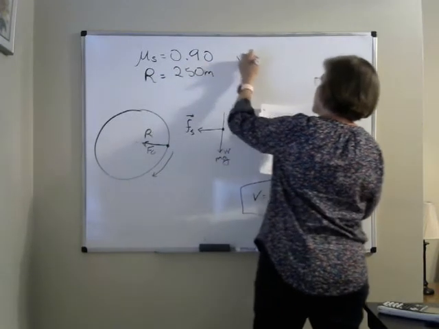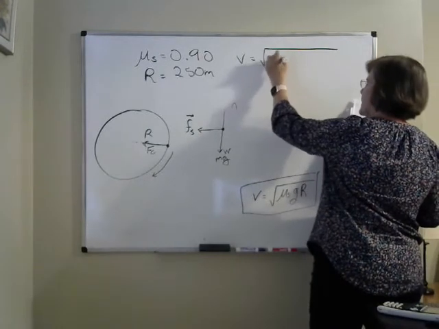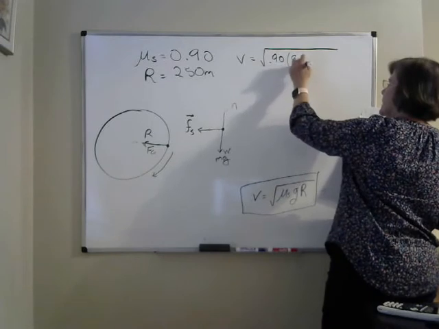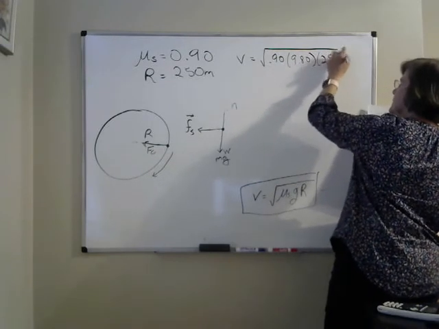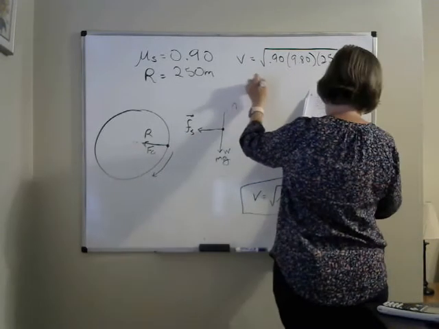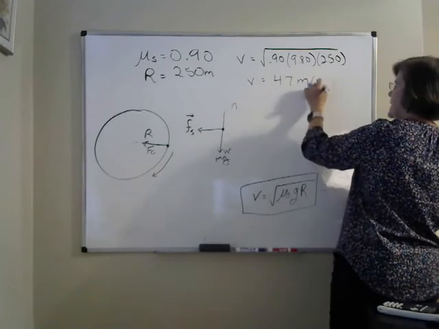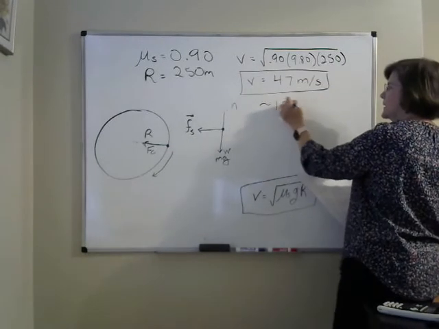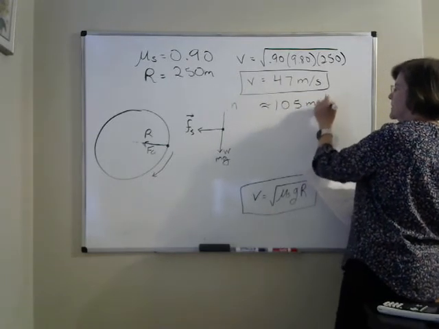In that case, the maximum speed would be the square root of 0.90 times g, 9.80, times r. That came out to be 47 meters per second. That is pretty fast. That's approximately 105 miles an hour.